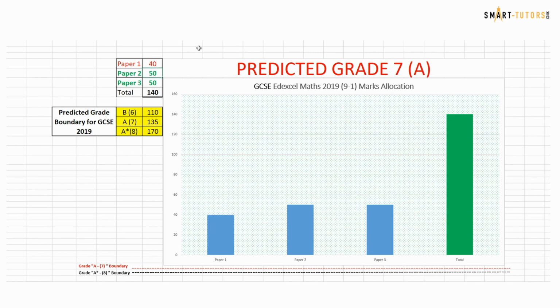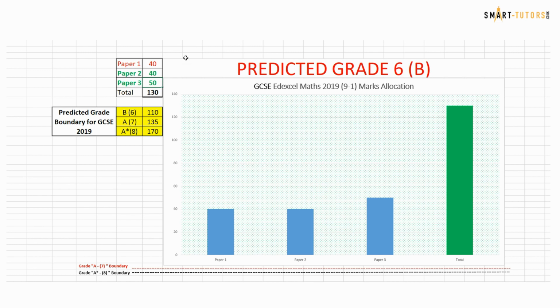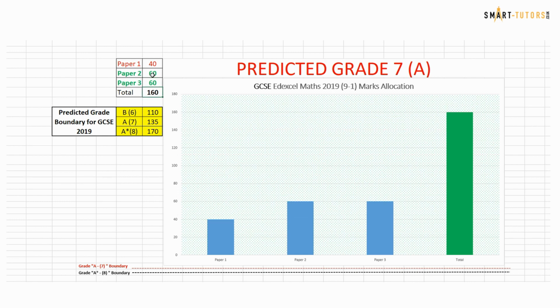So let's say you get paper 2 very low marks, 40 again, then your predicted grade is going to be reduced to 6B, right? And now there's a chance you can get 60 and 60, so you can see your grade boundary secured in 7, which is A, right?